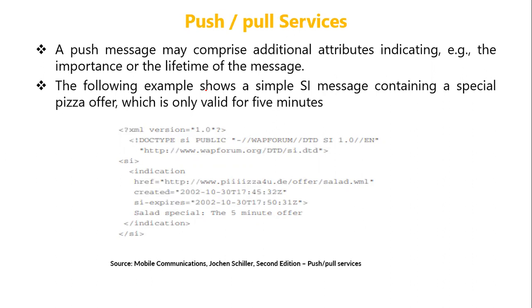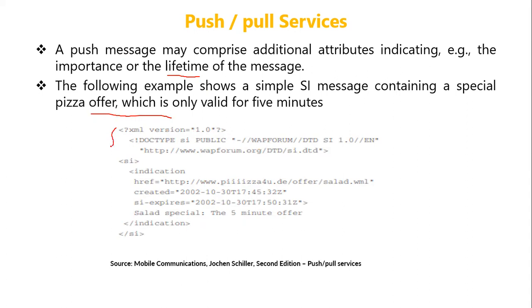SI stands for service indication. It shows a simple service indication message containing a special pizza offer which is only valid for 5 minutes. So with push, you can define the lifetime also. How to define that lifetime, we are going to discuss here. This pizza offer is only for 5 minutes.